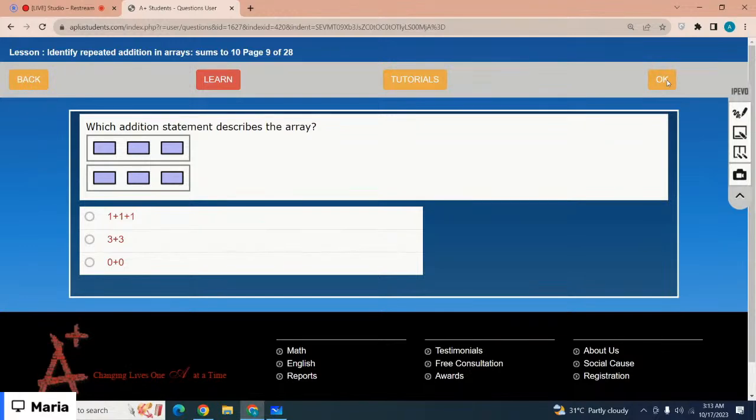You have 2 rows, so the answer is 3 plus 3, right? The correct option is 3 plus 3. Option number 2 is the correct option, right?